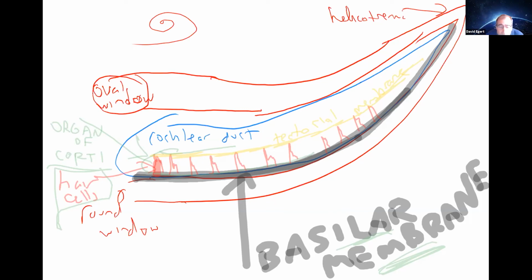The basilar membrane is set up so when you are near the beginning here, near the round window or oval window, this part vibrates most at high frequencies. When you are up near the helicotrema, it's much floppier, and this is going to have its resonant frequency at much lower frequencies.